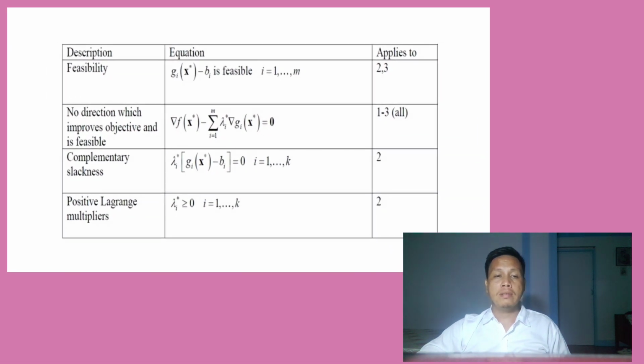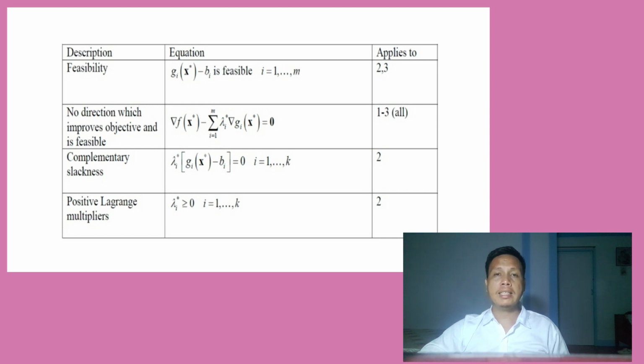So description: feasibility, g sub i of x optimal minus b sub i is feasible, applies to equations 2 and 3. So no direction which improves the objective and is feasible. The gradient of f of x optimal minus the summation, which applies to all.